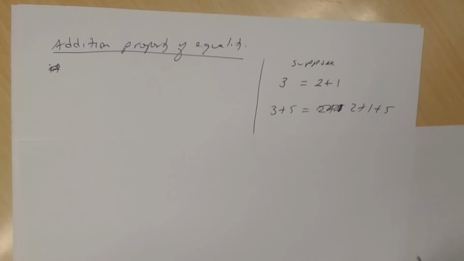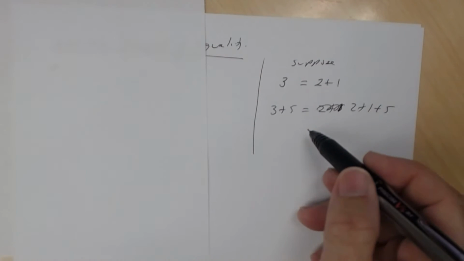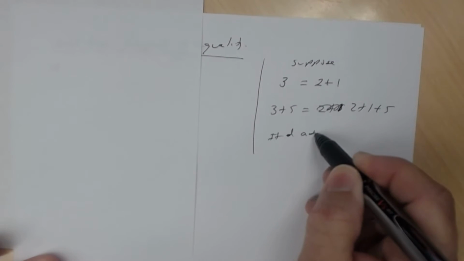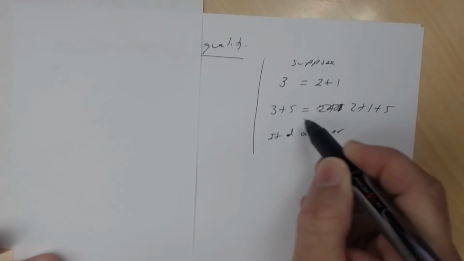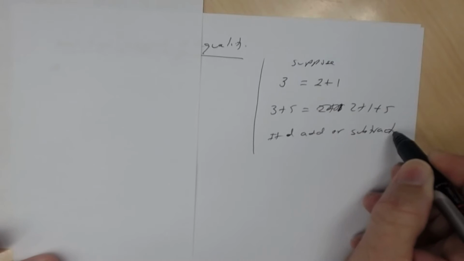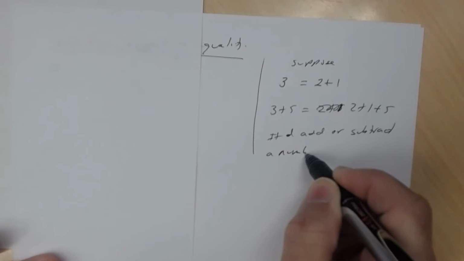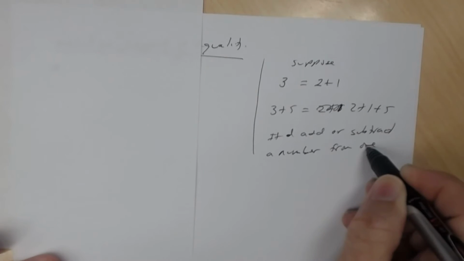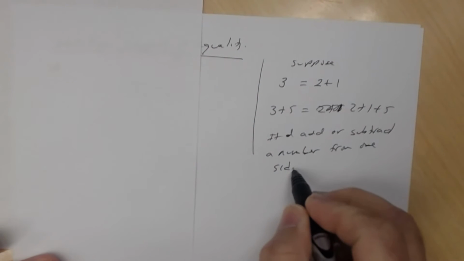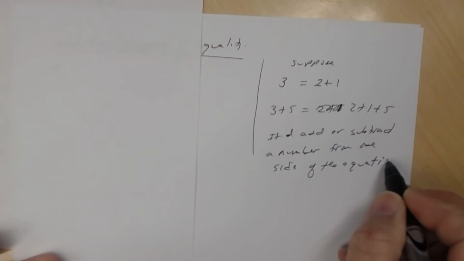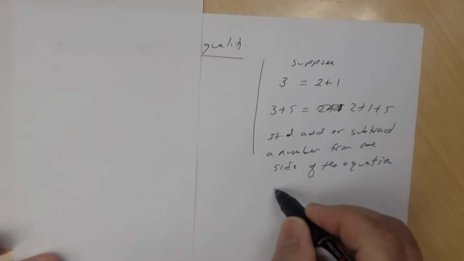So basically what we just saw here is that if I add, or I could have subtracted, I could have said 3 minus 5, or subtract a number from one side of the equation, I have to do the same thing to the other.